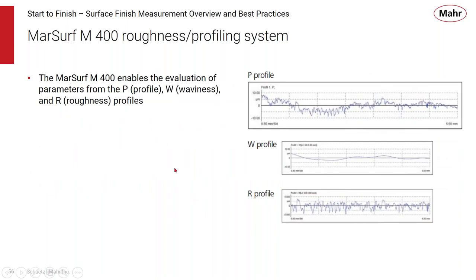And then again, because it's a skidless system, we can analyze the profile for its profile content, for the roughness, for its waviness conditions. All can be filtered out so that you can focus on what's the most important characteristic that you need to work with.